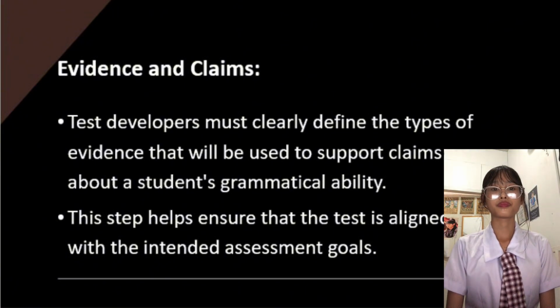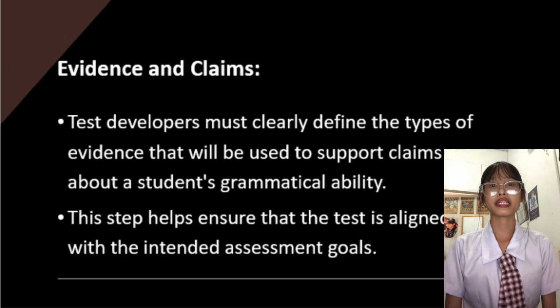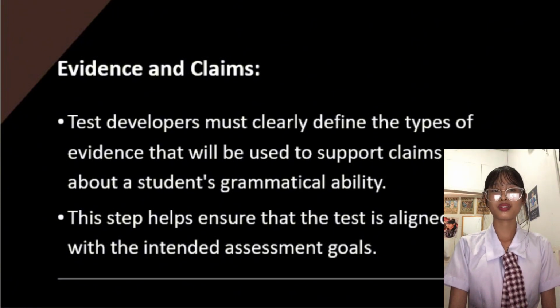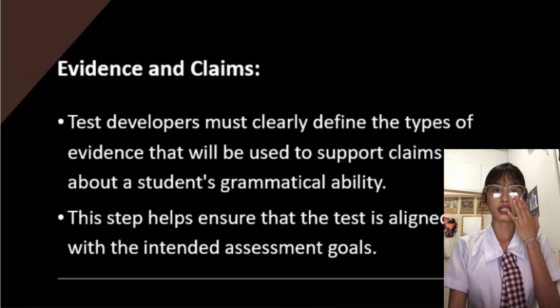The test developers must clearly define the types of evidence that will be used to support claims about a student's grammatical ability. This means that you need to decide what kind of evidence you will use to evaluate students' performance on the test.